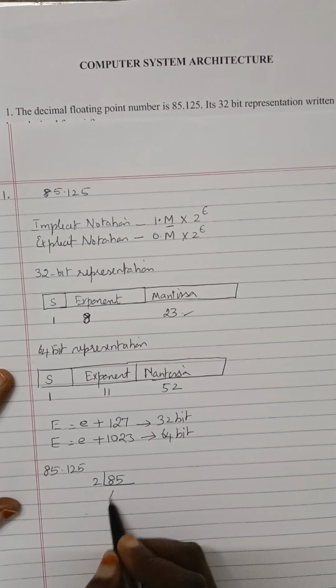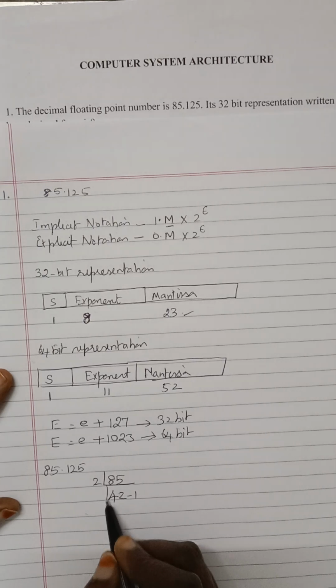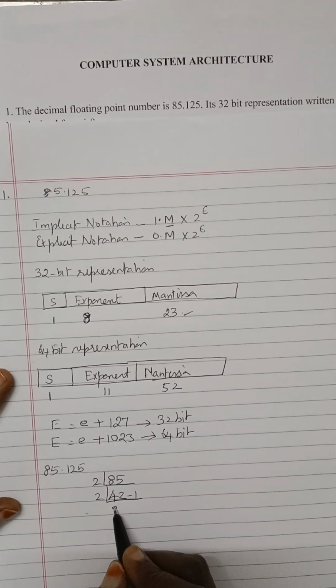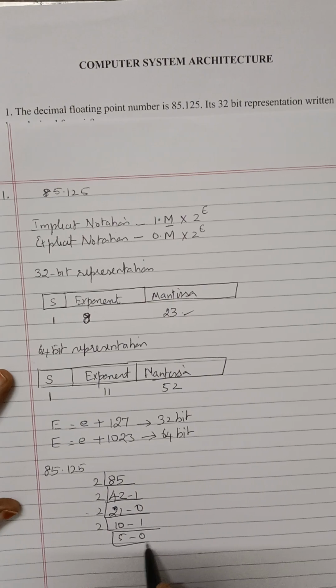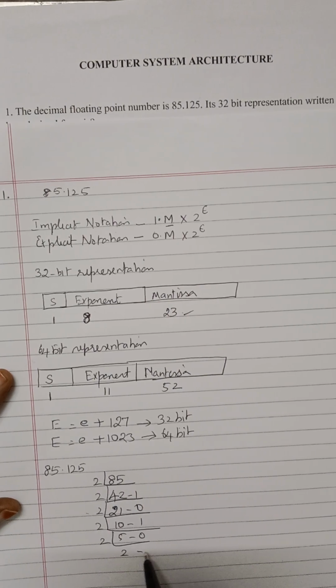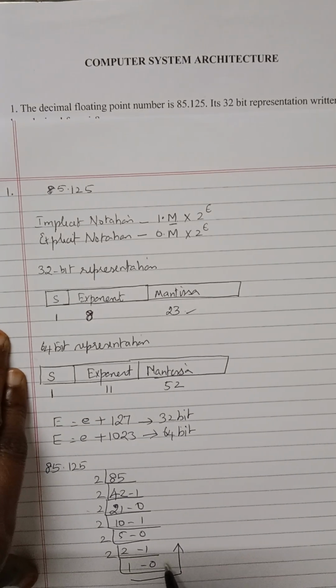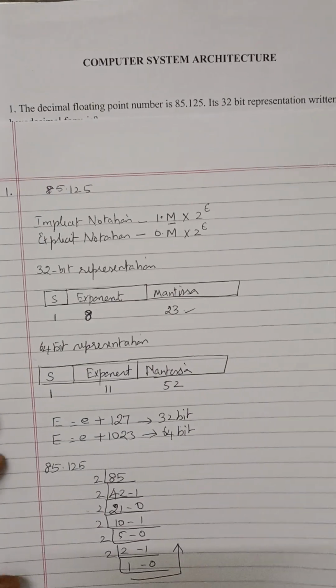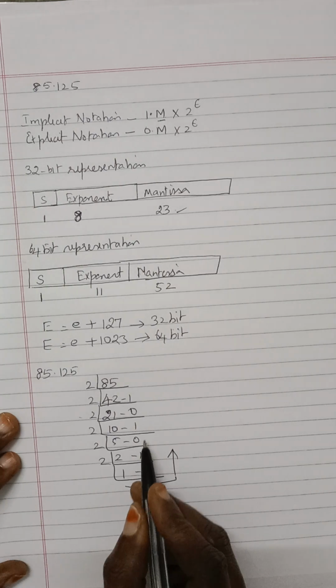We divide by 2. 85 divided by 2 is 42, remainder 1; 21, remainder 0; 10, remainder 1; 5, remainder 0; 2, remainder 1; 1, remainder 0. You have to move from the bottom to the top, so the value will be 1 0 1 0 1 0 1.